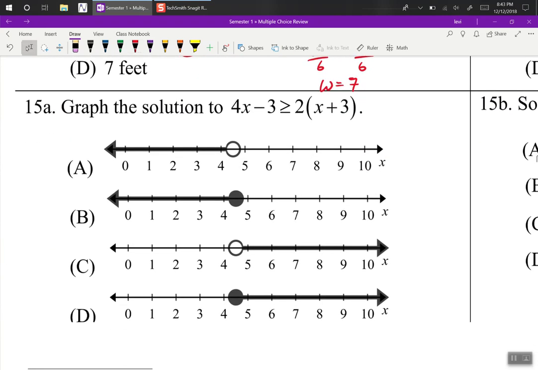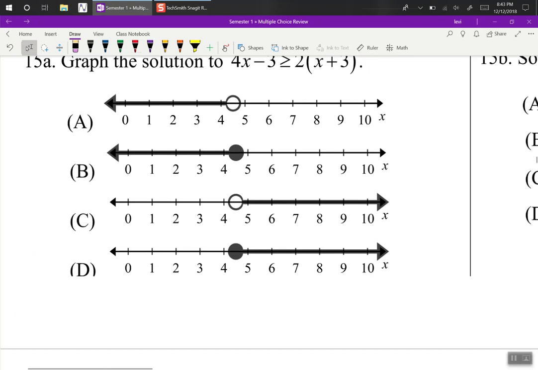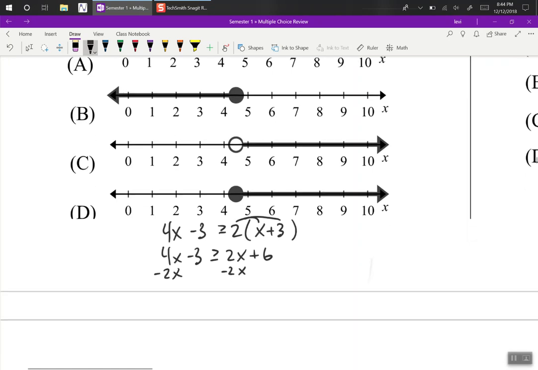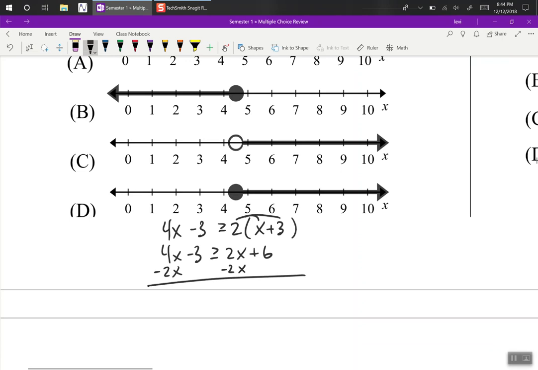15a, graph the solution. So let's simplify this first. 4x minus 3 greater than or equal to 2 times the quantity x plus 3. Let's distribute. So 4x minus 3 greater than or equal to 2x plus 6. Let's get our x on the left. Subtract 2x, subtract 2x. If I'm getting my x's on the left, then I want to get my constants on the right.